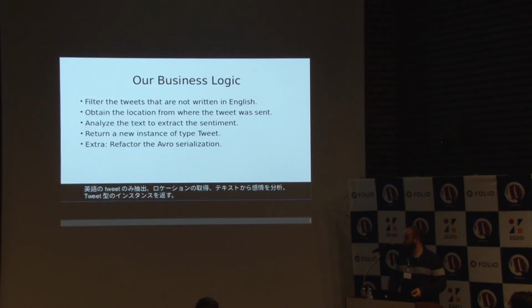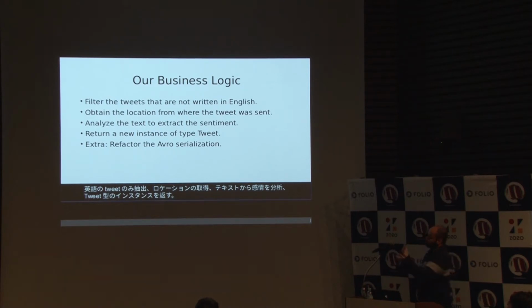So to summarize, we are going to filter the tweets that are not written in English, because, well, again, if a tweet comes in Japanese, I'm sorry, but we are not going to be able to analyze the sentiment. Then we are going to obtain the location. That's an important thing.